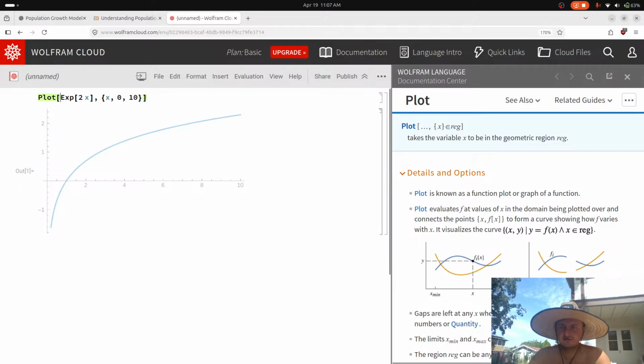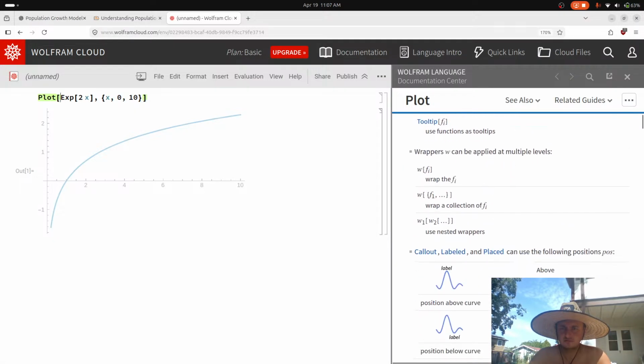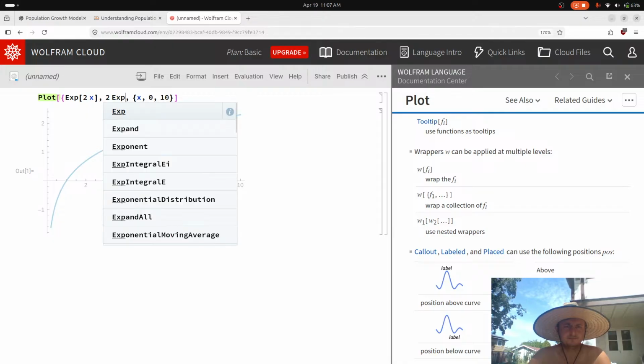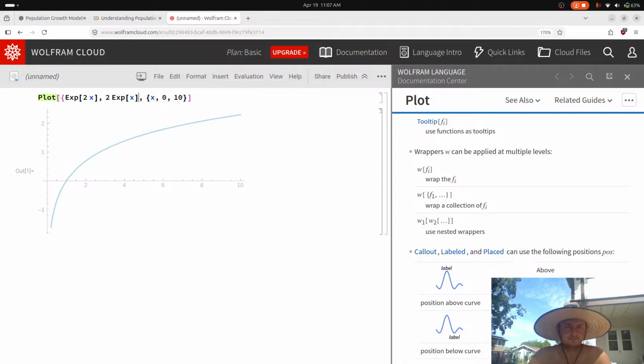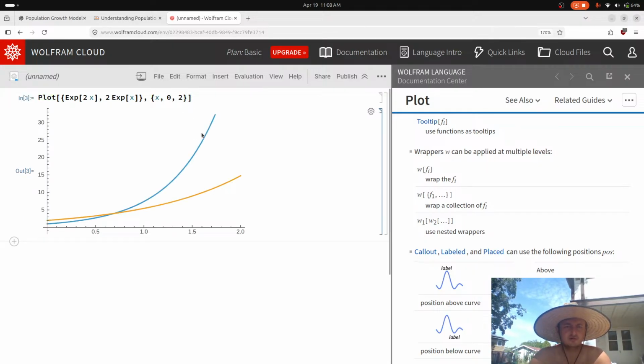Can I give a list of functions? So obviously increasing the growth rate is better. Like even, yeah.